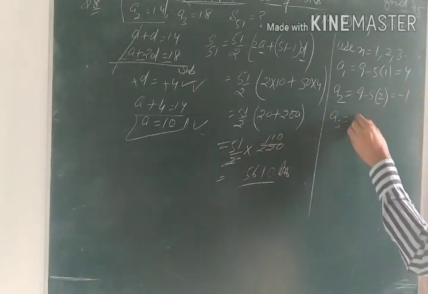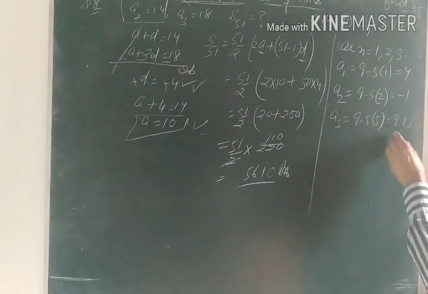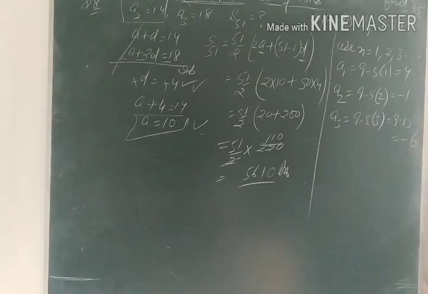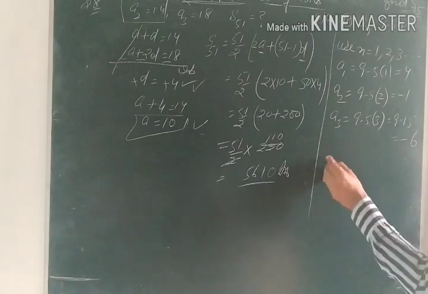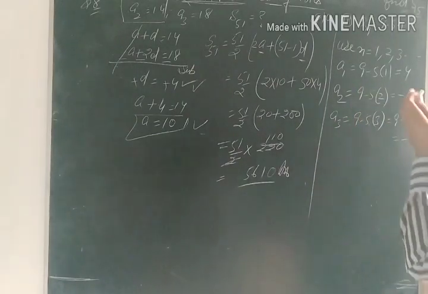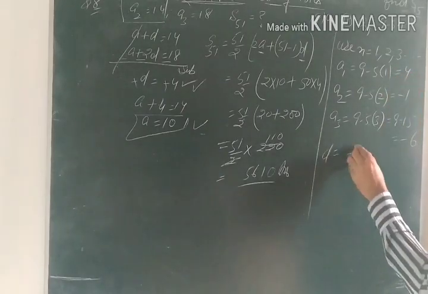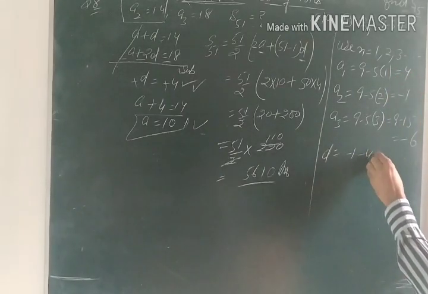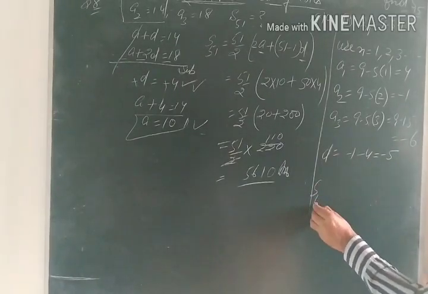And a3 is 9 minus 5 into 3, 9 minus 15, which means minus 6. A1, A2, A3 are given, and we have to find S15. So directly we have the first term, then we can find the common difference with the help of these two terms: minus 1 minus 4, that is minus 5.